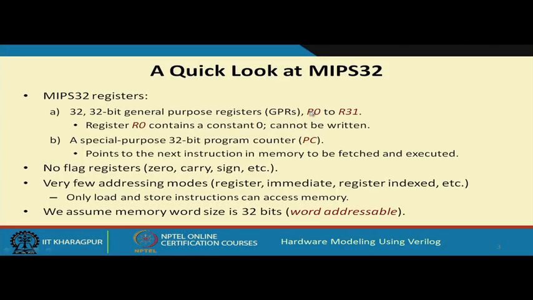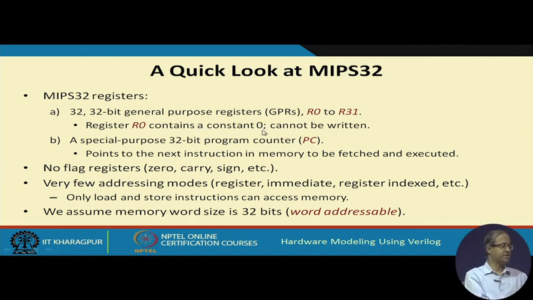And this register R0 is a special register which is assumed to always contain the constant 0, meaning you cannot write any other value into R0, because in many applications you need the number 0. So, you can use R0 for the purpose.